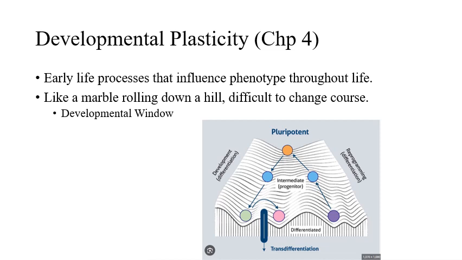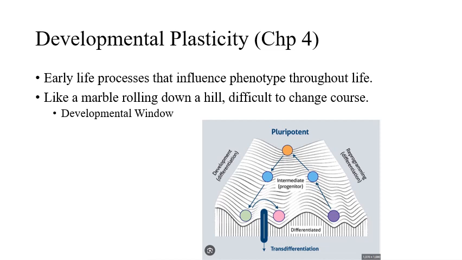If you think about development, the best way to think of it is as a pathway, right? You're moving down a developmental pathway, and every now and then there are forks in that pathway. In that pathway, you can go right, you can go left, maybe there are three different options depending upon the species. But that fork is a developmental window, right?